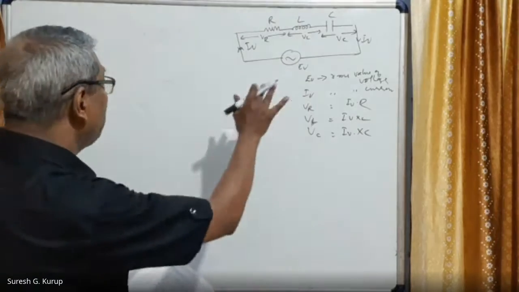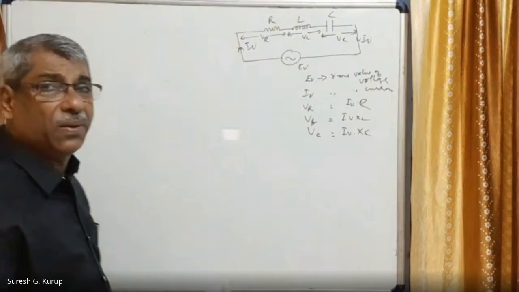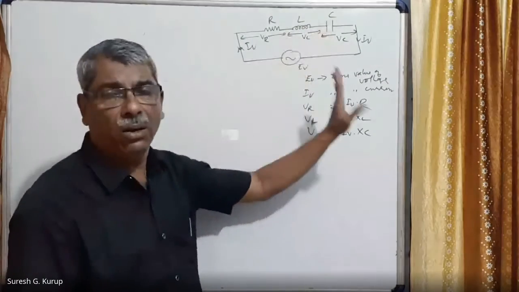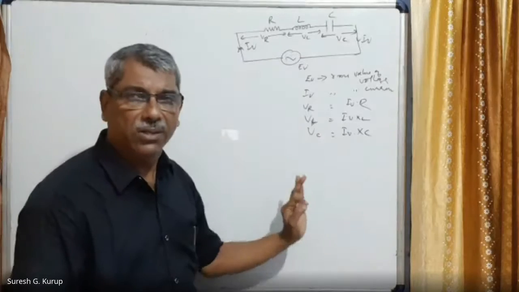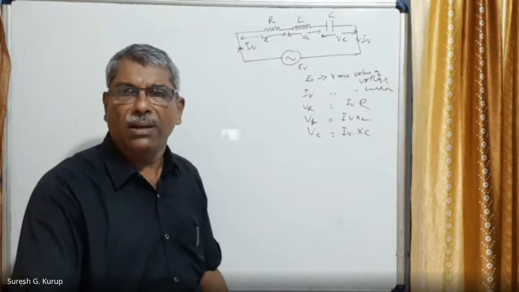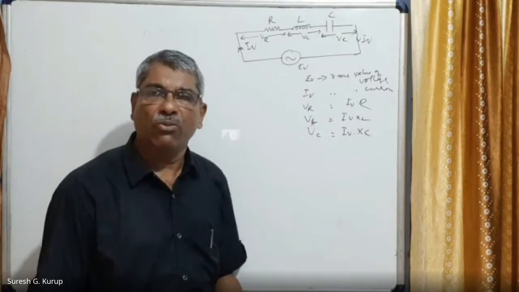Now after that we have to draw the phasor diagram. When you draw the phasor diagram, first of all think that L and C are not in the circuit. Only resistance is there. In an AC circuit having pure resistance, the current and the voltage are in the same phase. How can that be represented in terms of phasor?